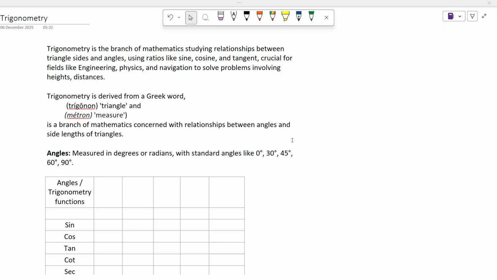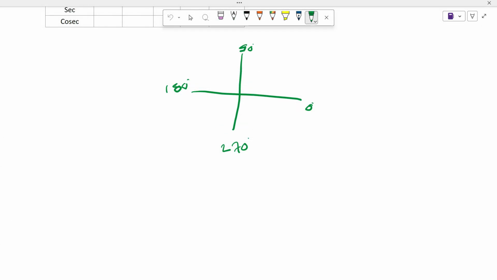Before getting to this table, let us discuss one small topic, which is All Silver Teacups. For that, we have to draw a graph showing 4 quadrants. So let me draw the graph here. This is the graph. We are using this graph to discuss All Silver Teacups.